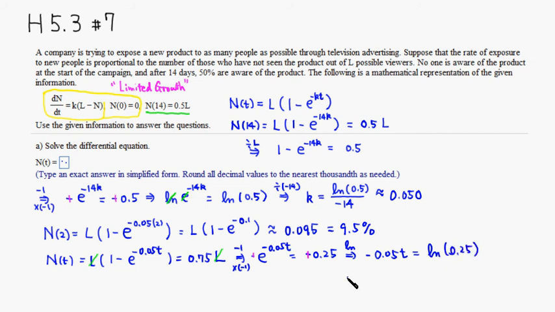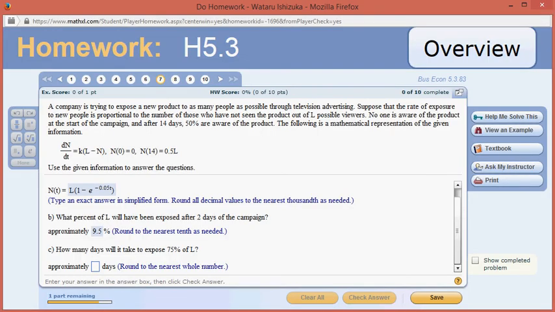Then in order to find t, we can just divide through by negative 0.05. So t is going to be equal to natural log of 0.25 divided by negative 0.05.